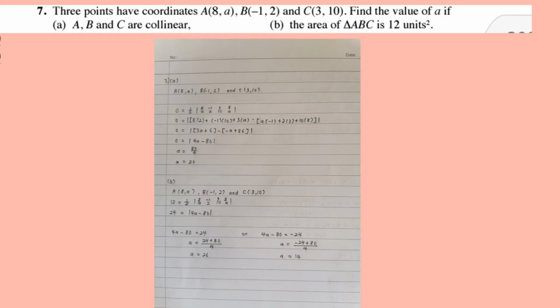That's good. For A, B and C are collinear, so 0 equals to 1 over 2 modulus of 8, a, negative 1, 2, 3, 10, 8, a. 0 equals to modulus 8 times 2 plus negative 1 times 10 plus 3a minus a times negative 1 plus 2 times 3 plus 10 times 8.